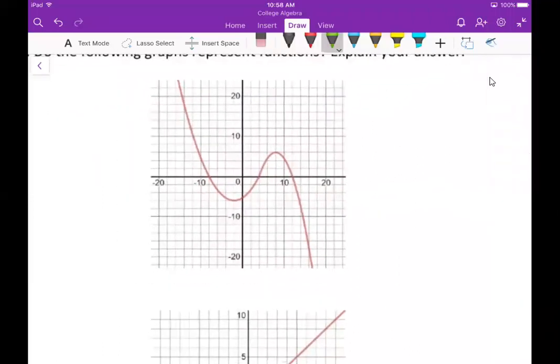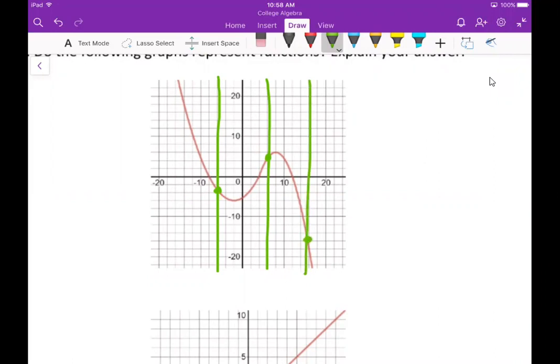My vertical line test says that if there's any vertical line, I'm going to draw an example of a vertical line here, that intersects the graph more than once, we don't have a function. Notice this vertical line intersects the graph only once. As I continue to think about other vertical lines, I'm just drawing examples here, but if there's any vertical line that would intersect this graph more than once, we would have a problem.